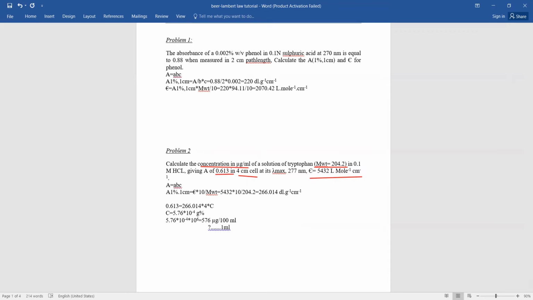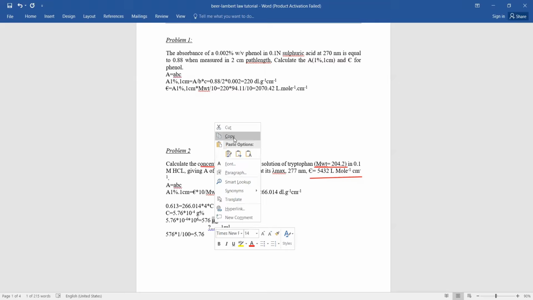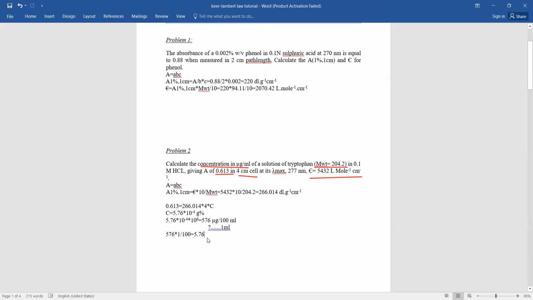Okay, so here we'll say 576 times 1 divided by 100. Okay, we'll find that it's equal to 5.76 microgram per milli. And this is for the second question. Let's move to the third question.